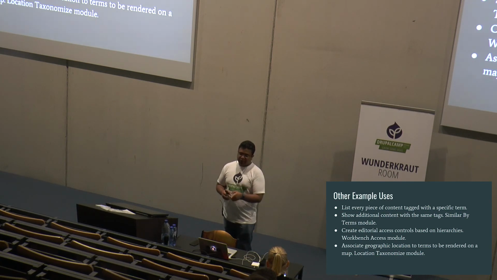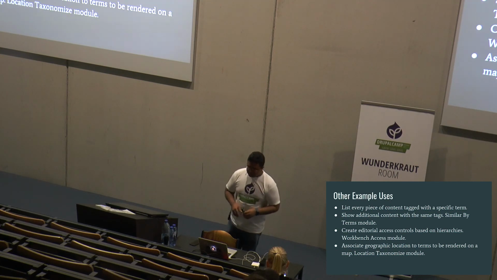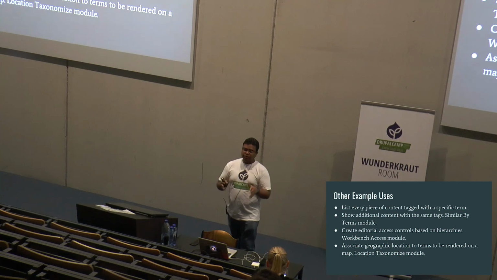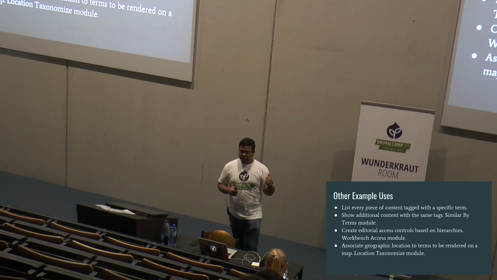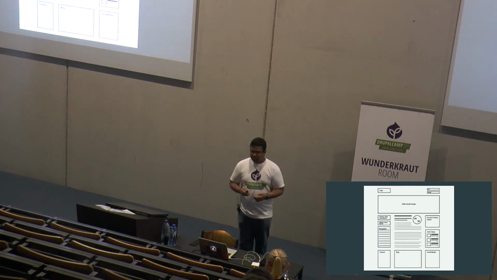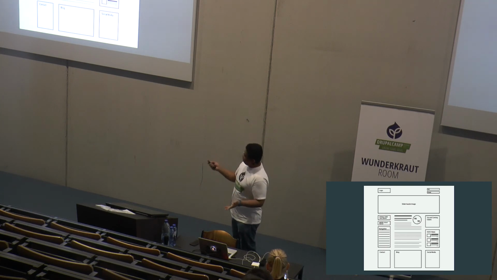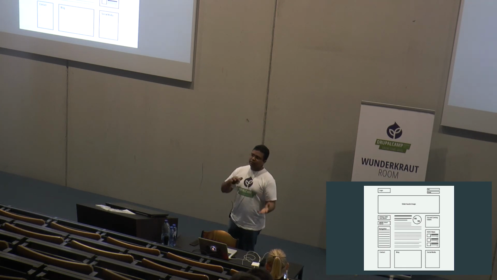You can use a module called Similar By Term to show related notes based on the taxonomy term, or a module called Workbench Access for defining permissions based on taxonomies, or Location Taxonomize, a Drupal 7 module that is no longer required in Drupal 8, but you can associate geographical information with taxonomies. And this is how you build a Drupal website, mixing and matching all these different concepts.